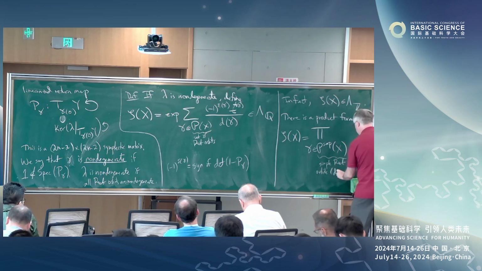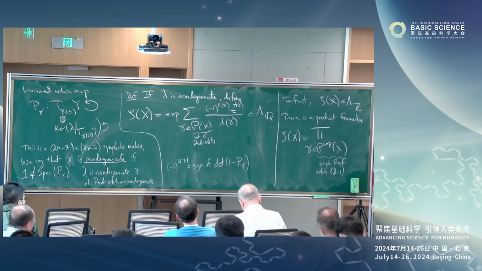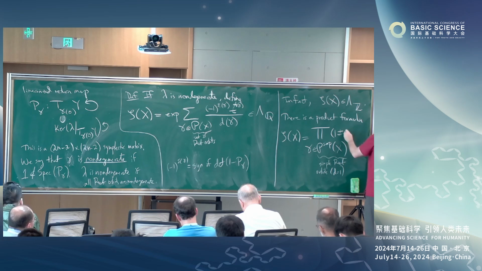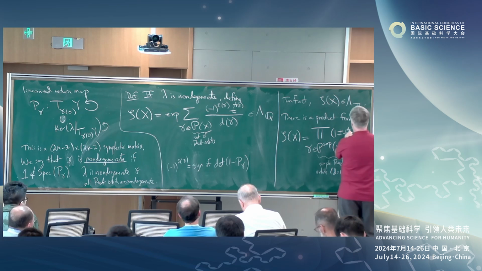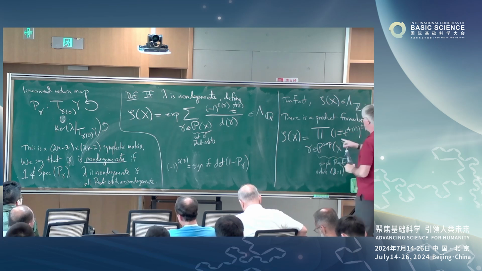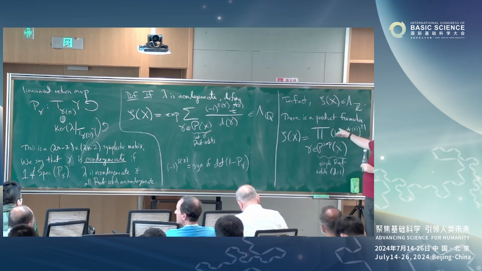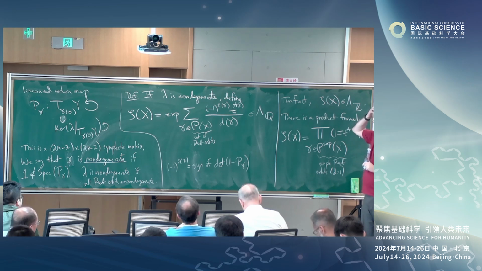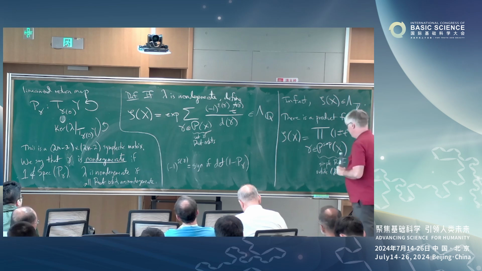Simple means that the covering multiplicity d equals 1, of 1 plus or minus t to the action, to the plus or minus 1. And there are two signs here, and these signs are determined by the eigenvalues of the linearized return map. Okay. So that's the zeta function.